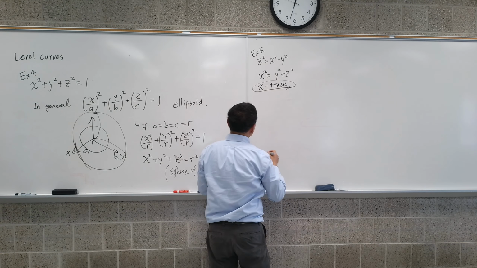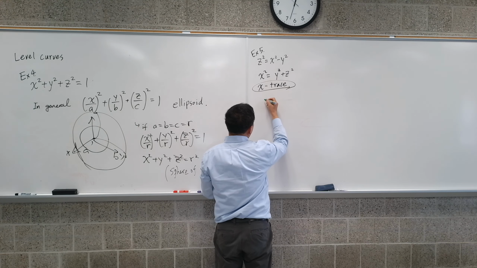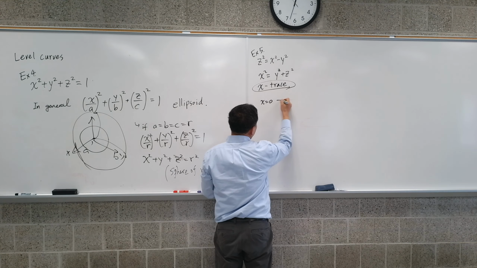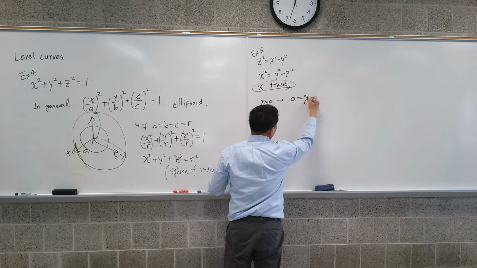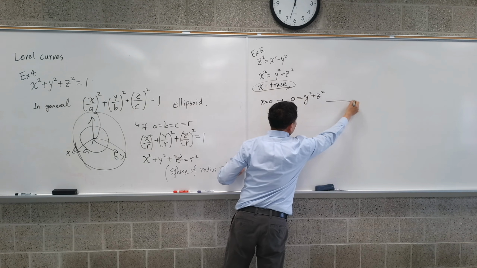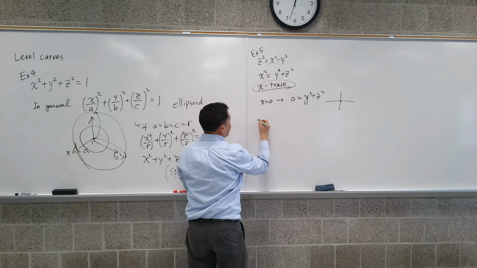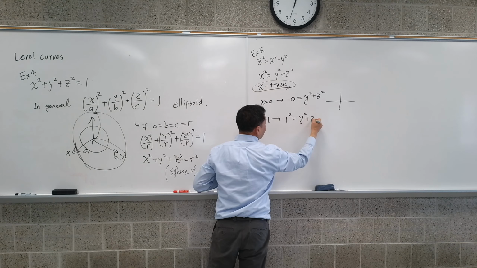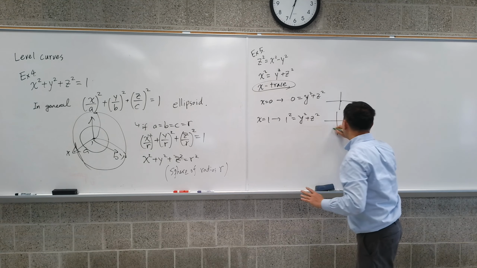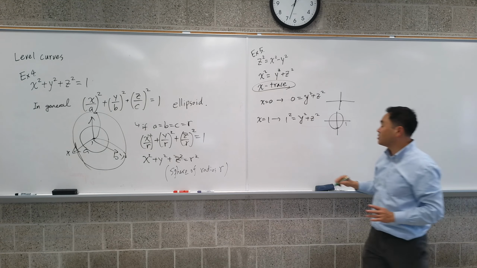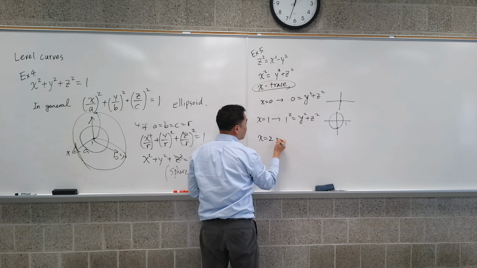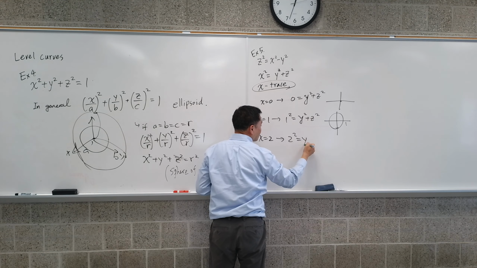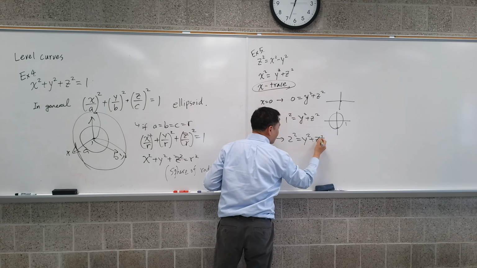The reason you want to do this is because if you take x as 0, you get 0 equals y squared plus z squared. That's a simple point, right? And if you set x equals to 1, you get 1 squared equals y squared plus z squared, which is a circle of radius 1. And then x equals to 2, 2 squared equals y squared plus z squared. Let me ask this question.